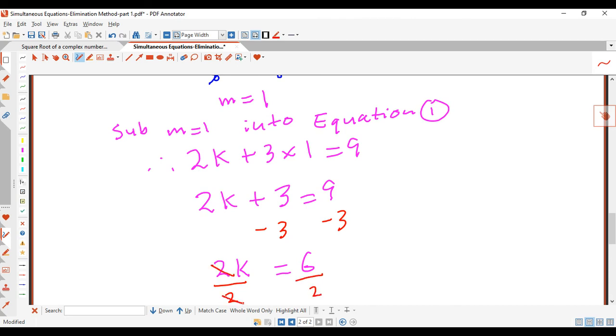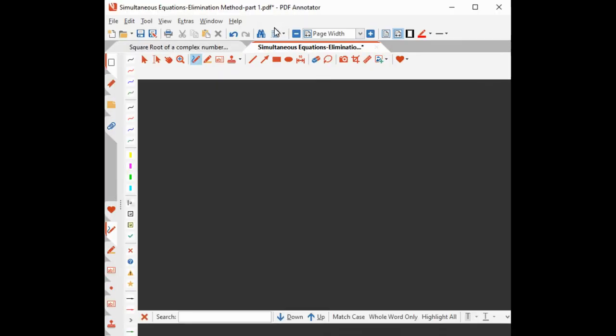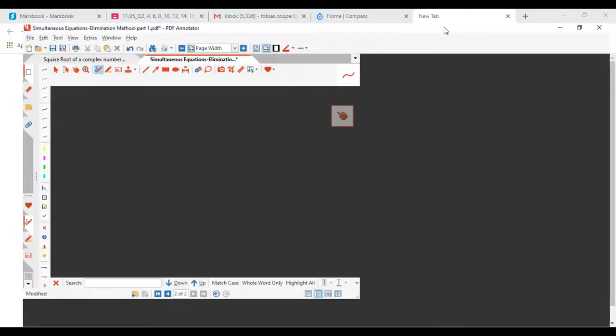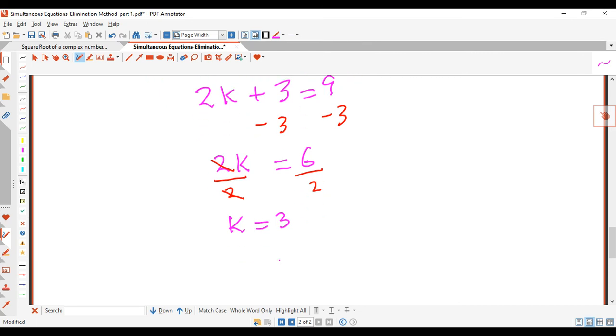That cancels the 2's there, and you're left with k is equal to 3. Okay, so you're left with k is equal to 3. All right, so your final answer, which you have to write down here, therefore, m equals 1, k equals 3.